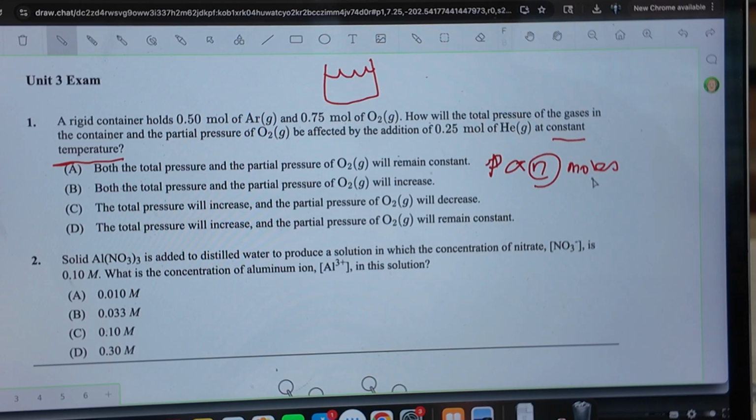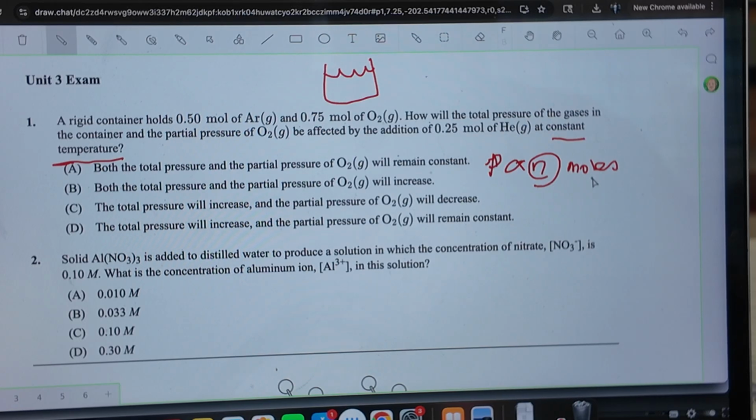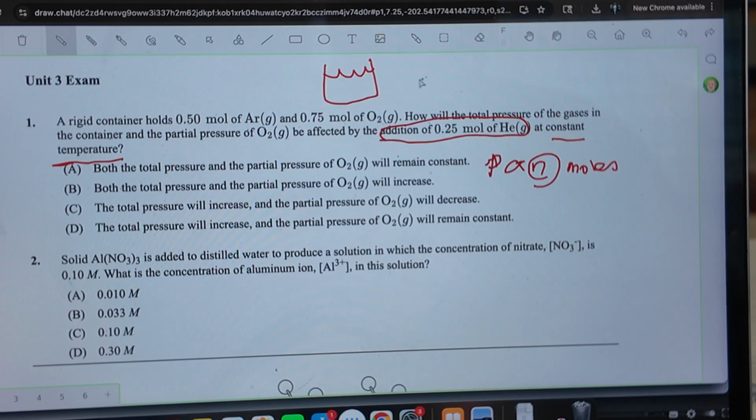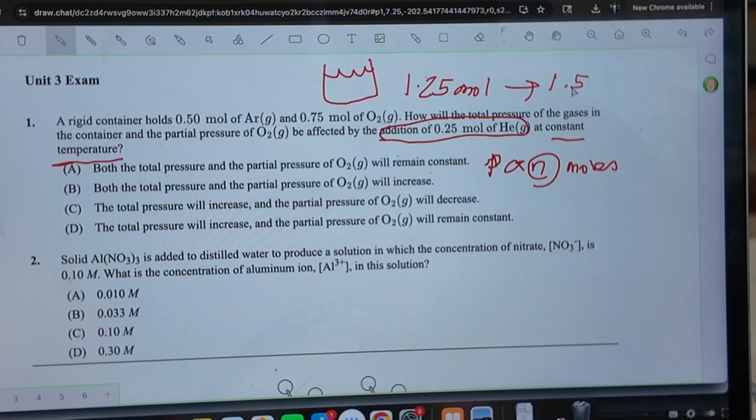So in the beginning, we start out with 1/2 mole of argon and 3/4 of a mole of oxygen. And then after adding an additional 0.25 moles of helium, it goes from 1.25 moles of everything in the container to 1.5 moles.